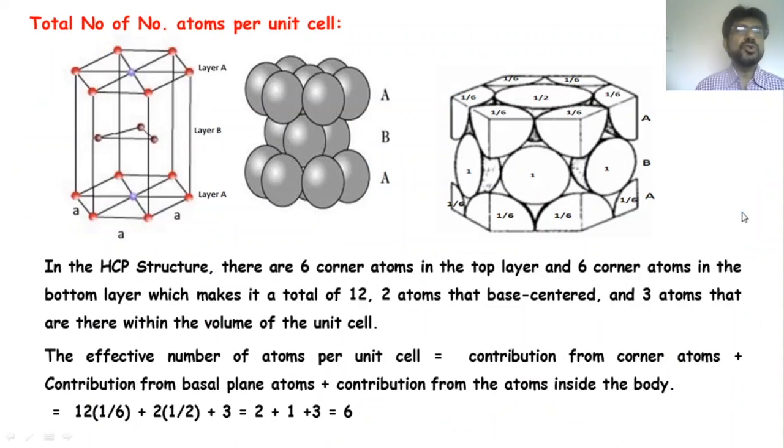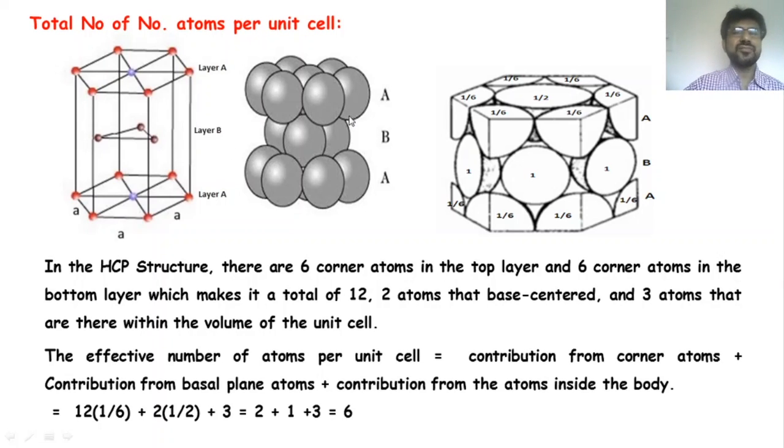Now we are going to see here, if we connect the atoms in this way, in these 3 layers, then we can see the formation of such a unit cell.